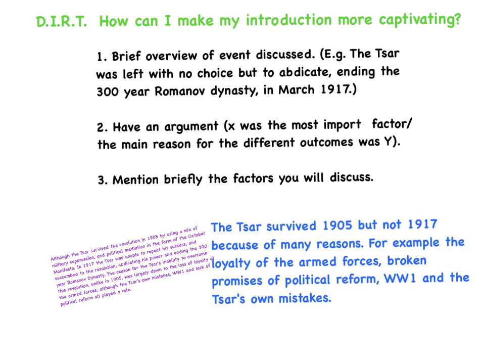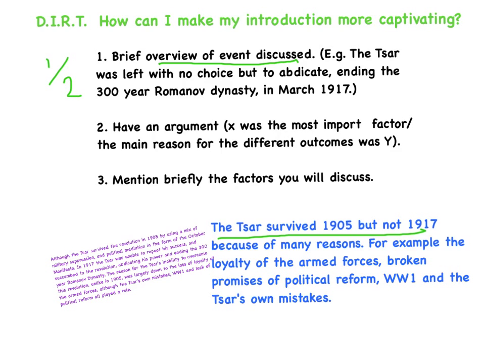Okay, have they given a brief overview of the event discussed? Well, not particularly. They've mentioned that the Tsar survived 1905 but not 1917, so they haven't really given an overview of the event they're going to discuss other than just mentioning that he survived 1905 and not 1917. So they've sort of half done this one.